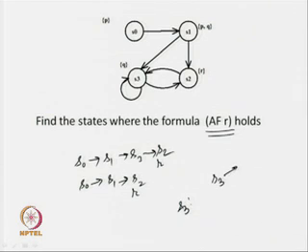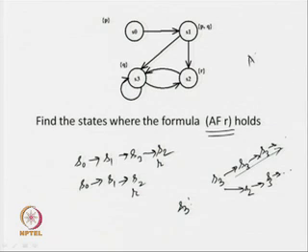From S3 we get a path where it remains in S3, S3, like that, or maybe it goes from S3 to S2, S2 to S3, like that. If you follow this path, you will find that in the future R is not true. So that means this formula A[F R] is not true in model M.